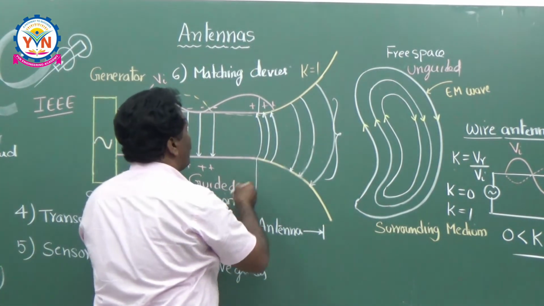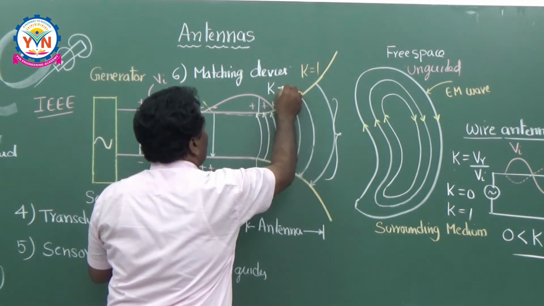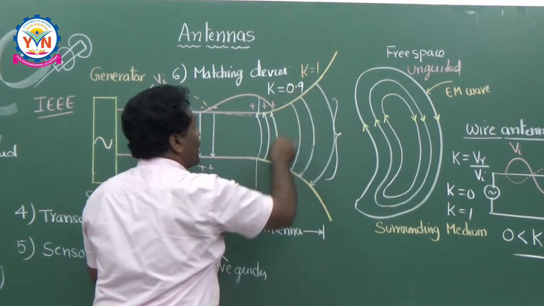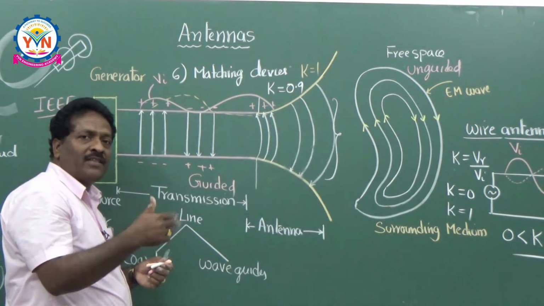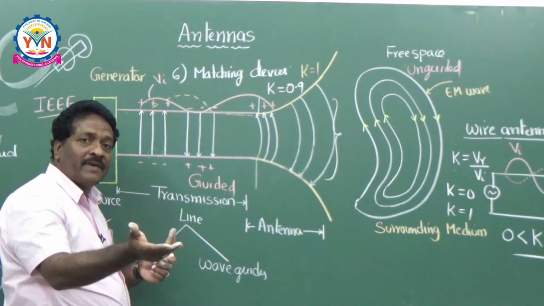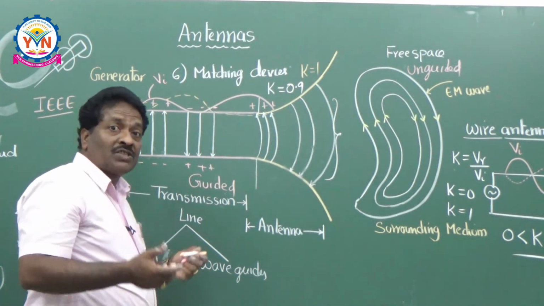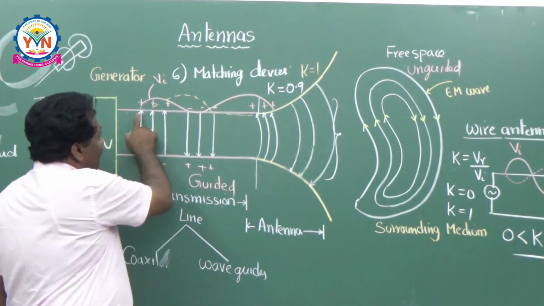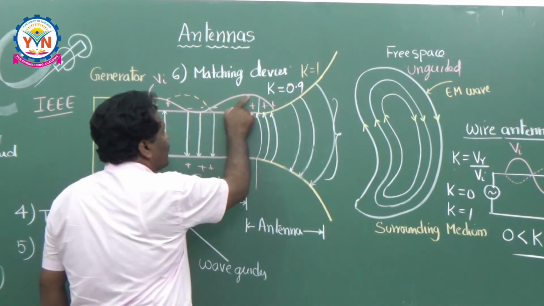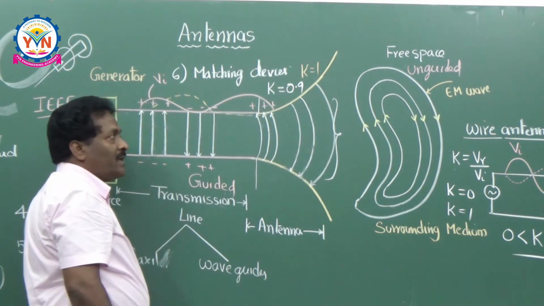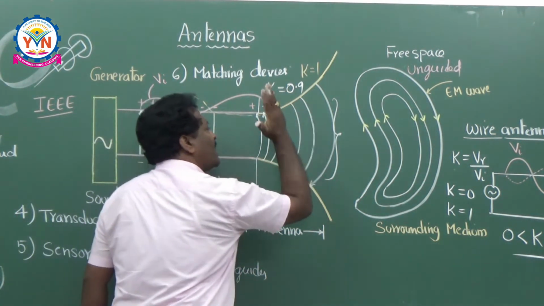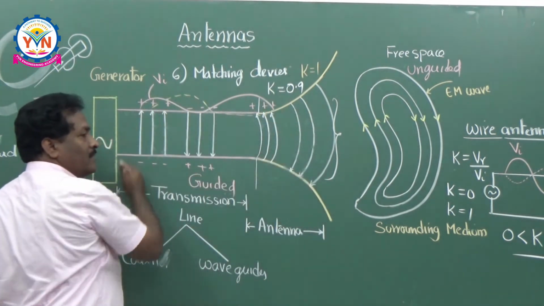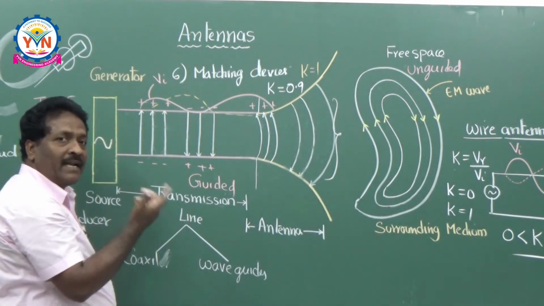But the people got K equal to only 0.9. That means 0.1 is missing. 10% energy is missing. Then they understood very clearly, I am sending 100% energy in the forward direction. As it is open circuited, the entire energy has to be reflected back. But unfortunately, we are getting only 90%.